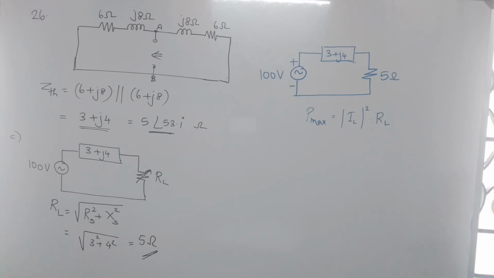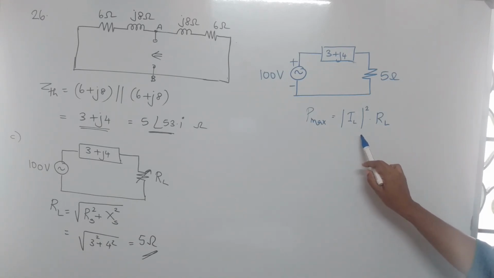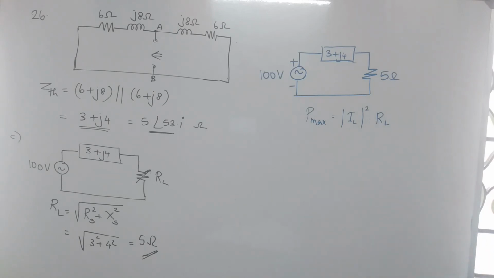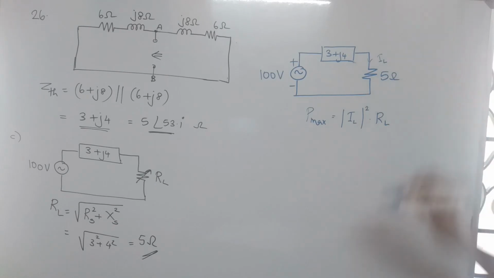If the circuit is only resistive, we can find Pmax equal to VTH squared by 4 RTH. But if it is an impedance value, then you have to use modulus IL squared into RL. So first we need to find out IL, the current flowing through the load.